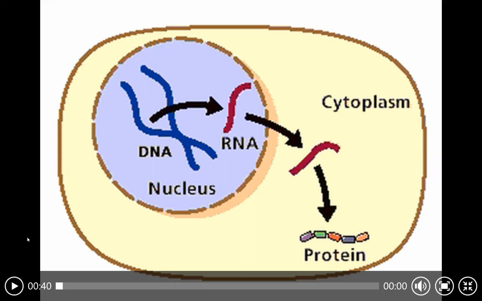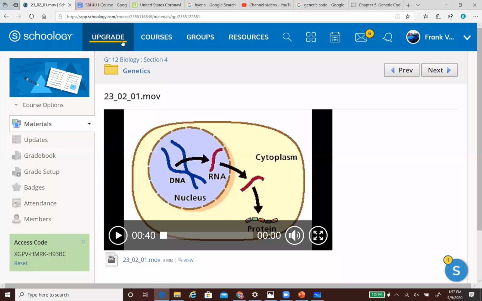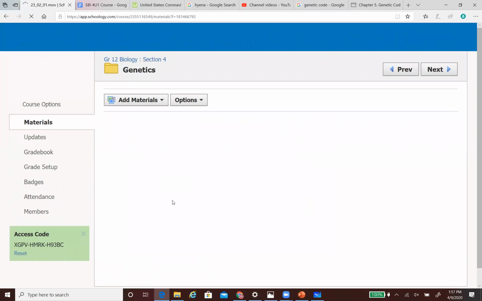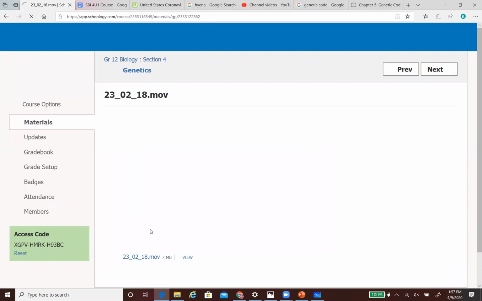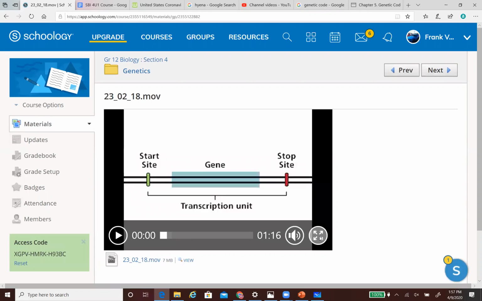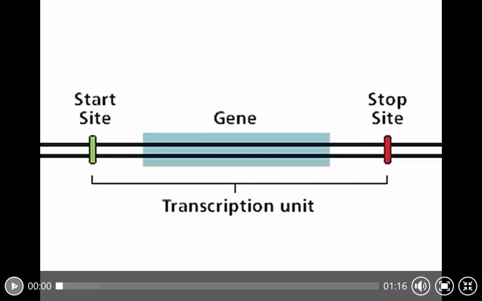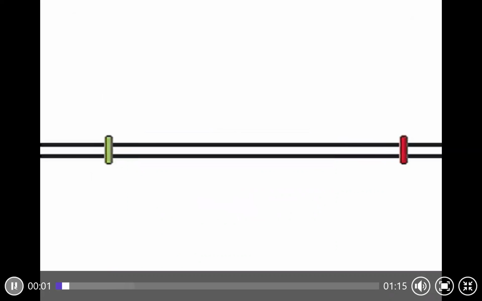What we're going to do right now is compare transcription to the way it works in replication, okay? So here is the video clip on specifically transcription. So in transcription, one difference right away is you don't copy all the DNA.